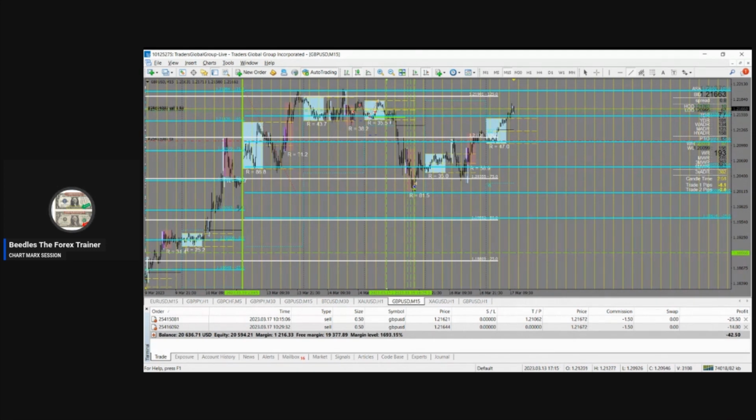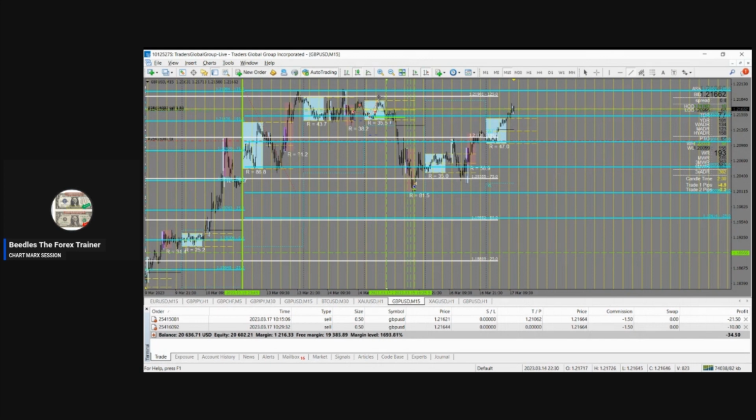All right. So how do I identify resistance in this case? What we are looking at is this structure back here. As you can see, 1, 2, 3 levels of resistance right there. Count those out.